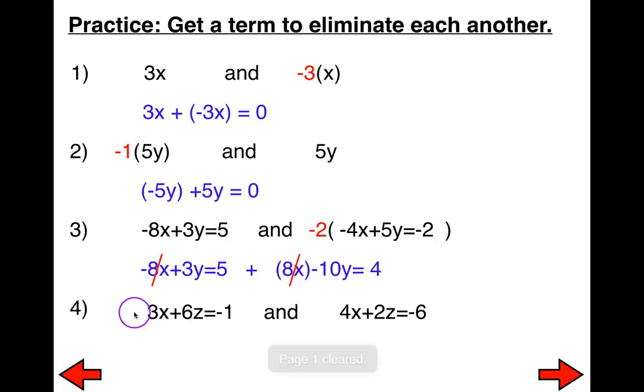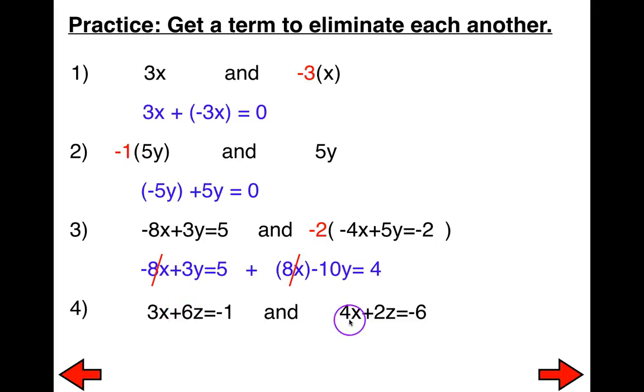So here you can eliminate the x's, but you're going to have to multiply one of them by a negative. For example, this could be multiplied by a -4, but this one would have to be multiplied by 3 in order for them to eliminate. So it's going to be a better choice to actually eliminate the z's. Why? Because 2 can actually be made into 6 for it to eliminate.